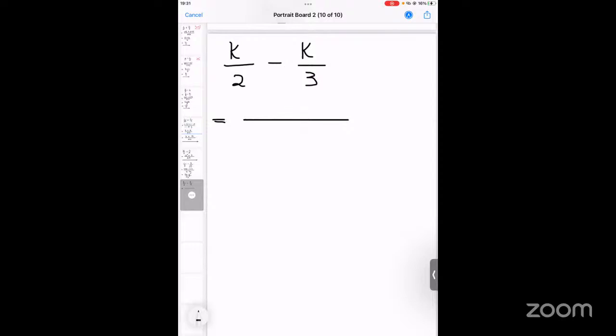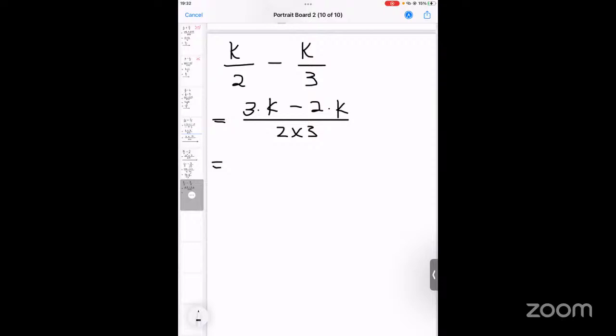So, okay, let's start with a number and say 3 times invisible 1k. Then I wrote minus 2 times k. As the denominator, I wrote 2 times 3.